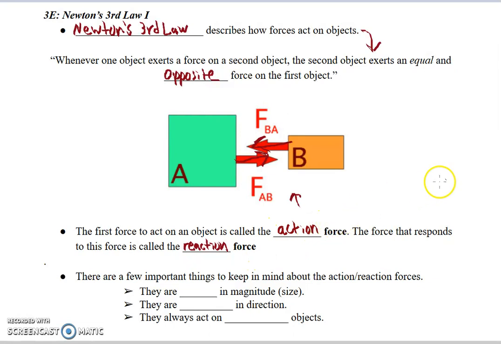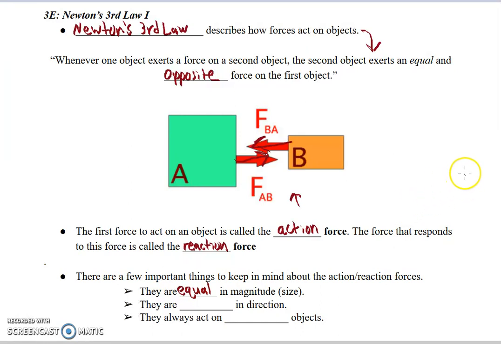The gist is pretty straightforward, but there are a couple of things to keep in mind. The first is that these forces are going to be equivalent in magnitude, right? Remember that means size.